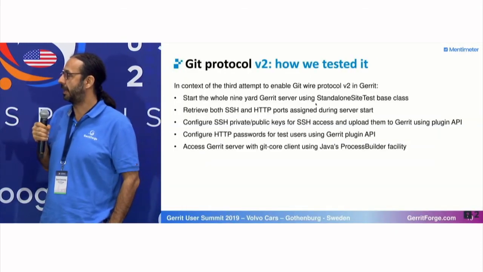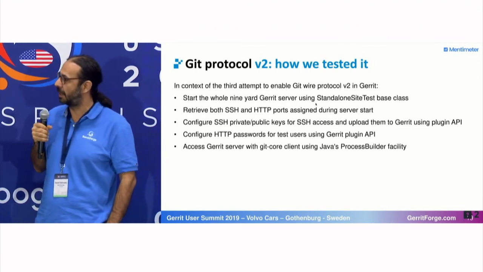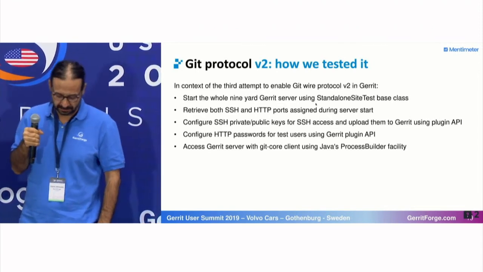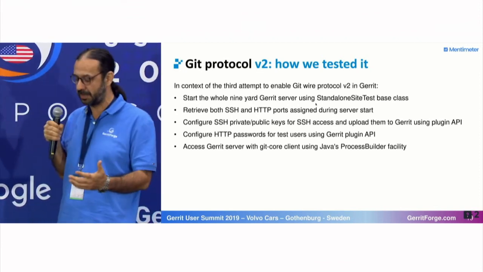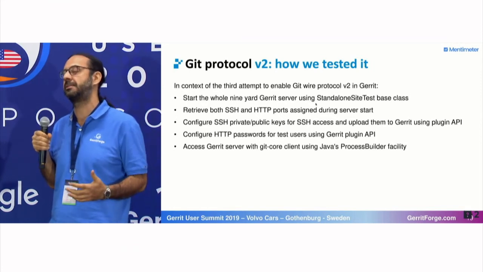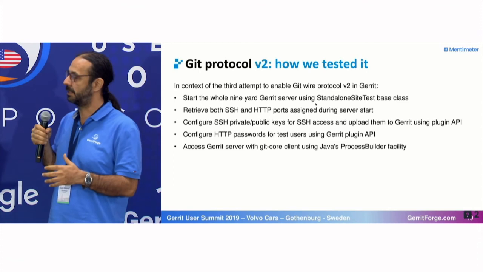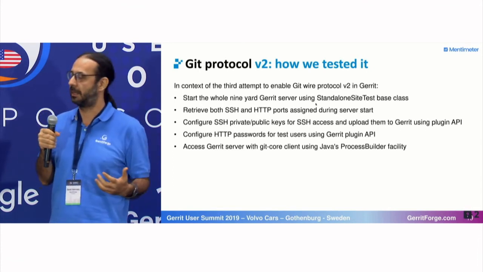Right, so the challenge was how we tested it in the end, because this is a new kind of test. This is the first time that we did a real integration test of Gerrit from a JUnit test, but with a Git core program.